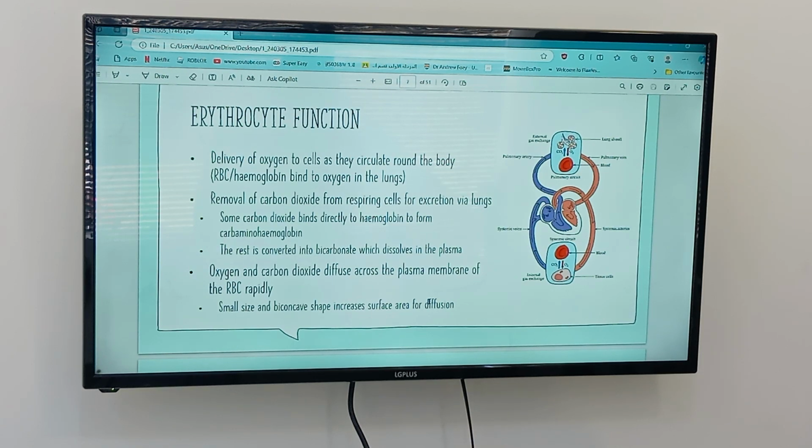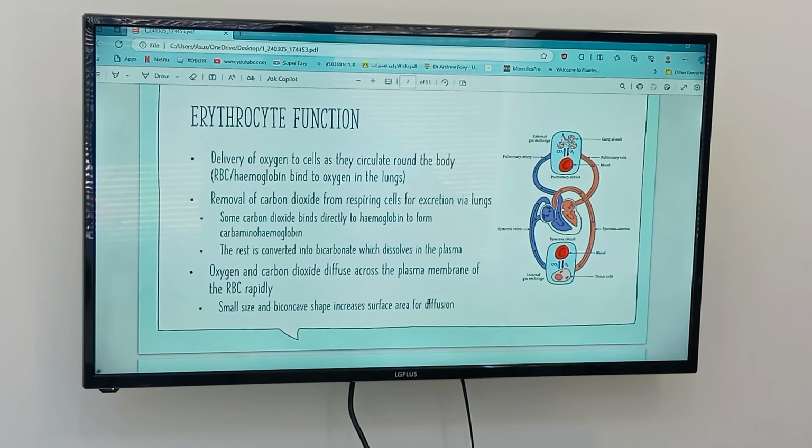And it removes carbon dioxide from respiring cells for excretion by the lungs. Some carbon dioxide binds directly to hemoglobin to form carbaminohemoglobin. The rest is converted to bicarbonate, which dissolves in plasma.